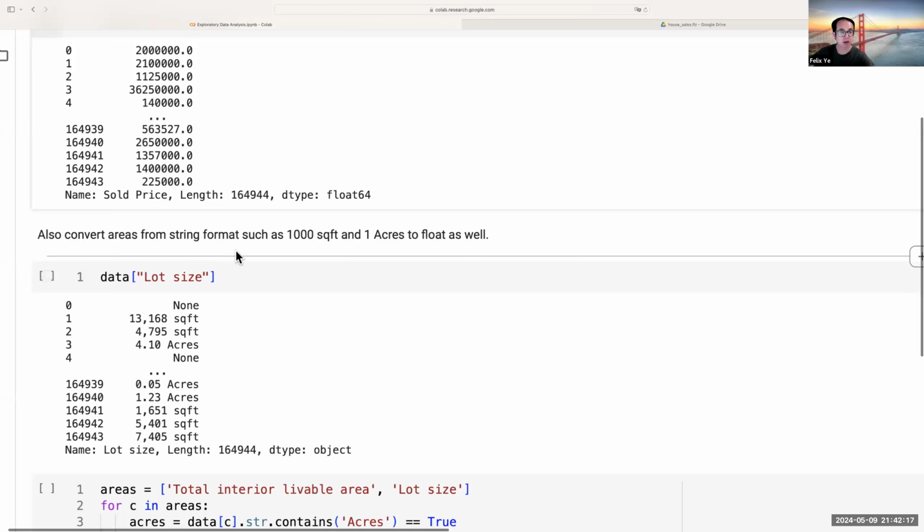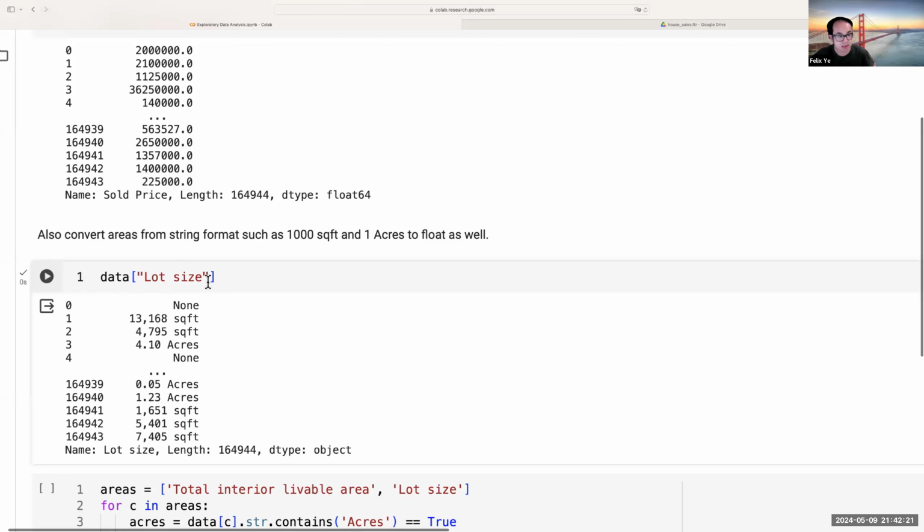Also, if we look at this lot size, you can see it has a lot of interesting strings. Sometimes we have square feet, sometimes we have acres, sometimes we have none.